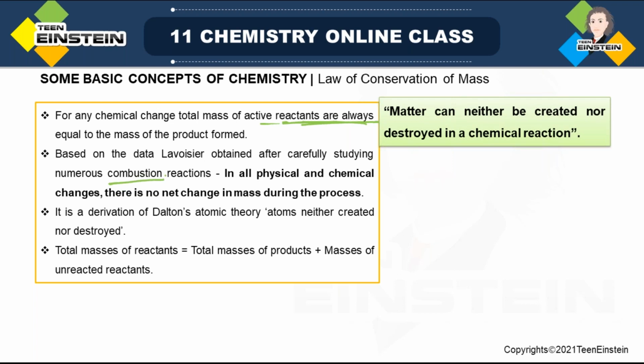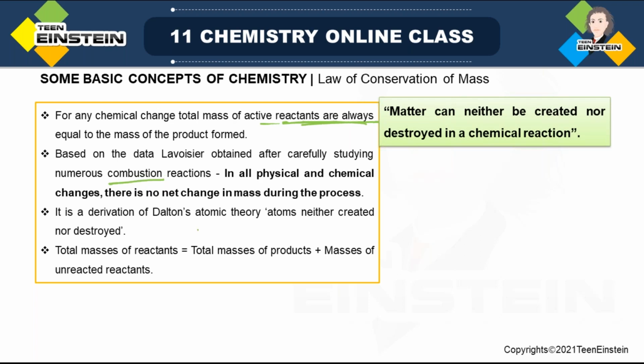If a hydrocarbon reacts with oxygen, the products are carbon dioxide and water. It is observed from these different combustion reactions that in all physical and chemical changes there is no net change in mass. So mass will remain the same before and after the reaction.